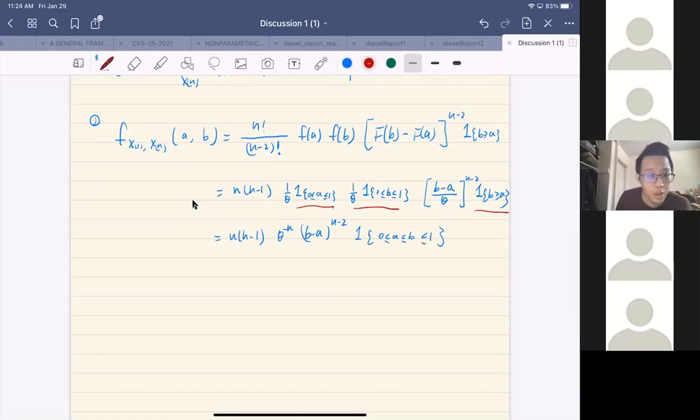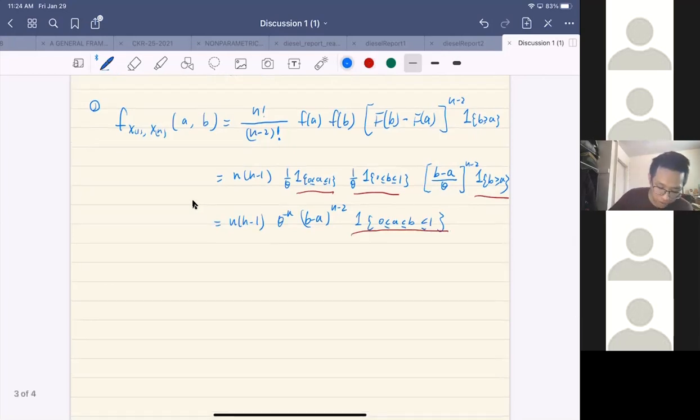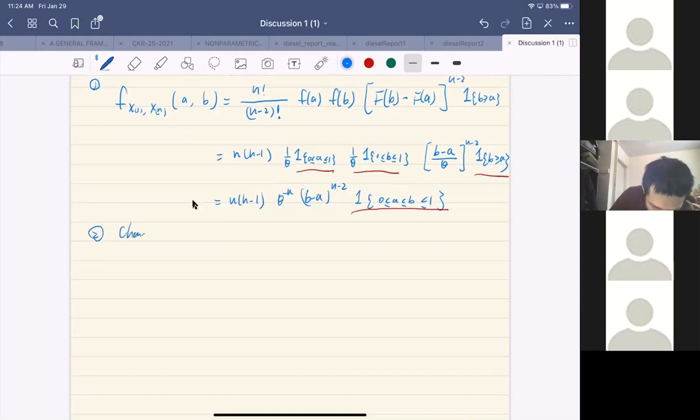It's very important to keep the indicator function. So that is the density of S1, Sn. And then we want to do a change of variable.